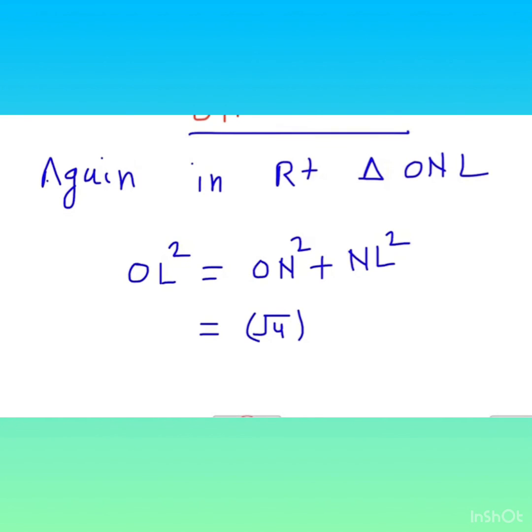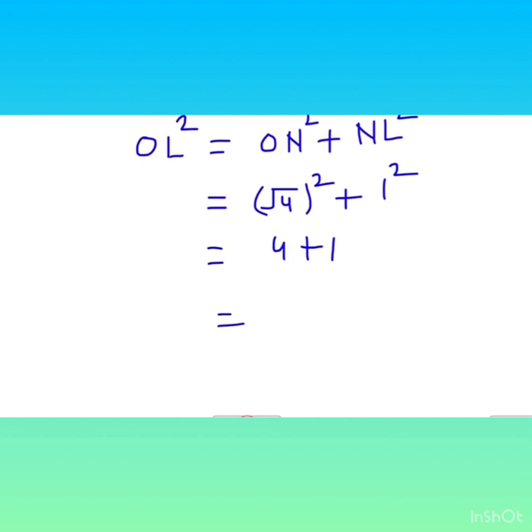And ON, dear, you know that this is under root 3, under root 3 square plus NL is only 1 square. So you will get under root 3 square means 3 plus 1, then you will get this as 4.